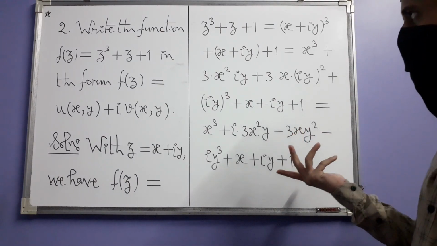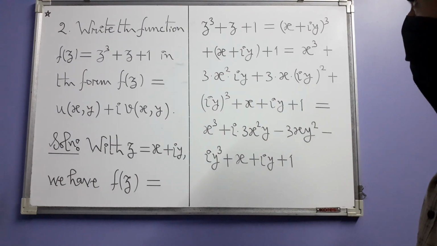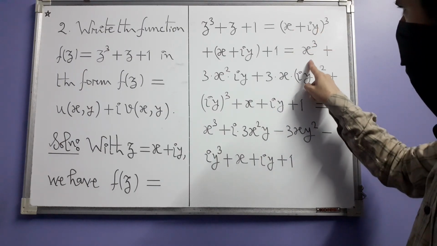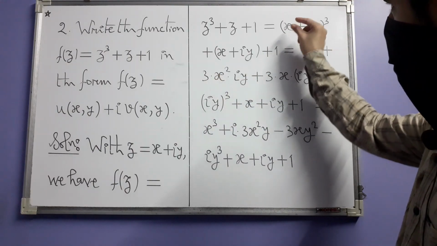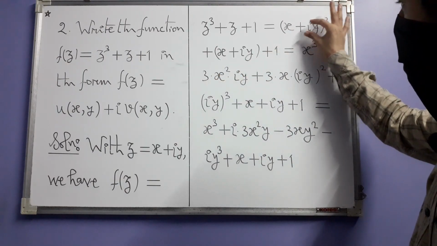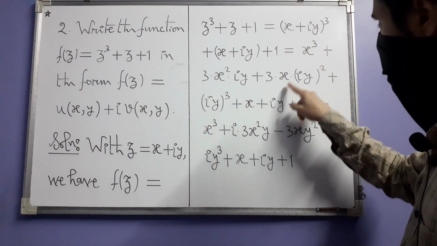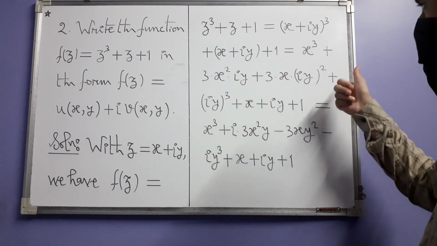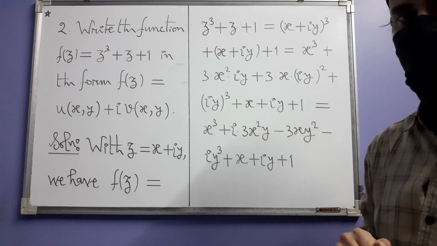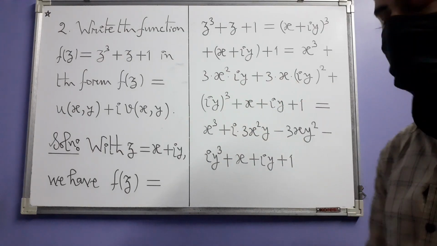So you apply your usual formula: x cube plus 3 times x squared times iy plus 3 times x times iy squared plus iy cube plus x plus iy plus 1.